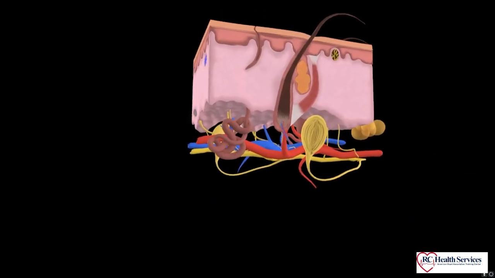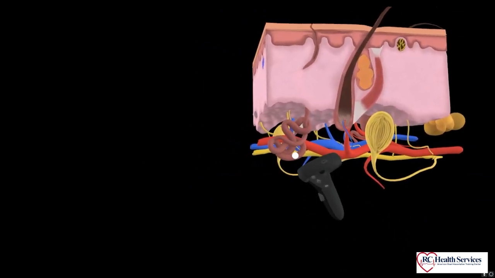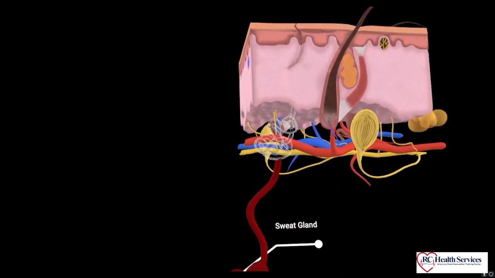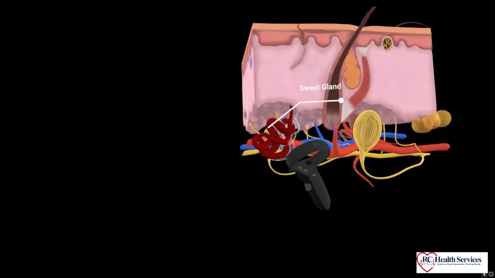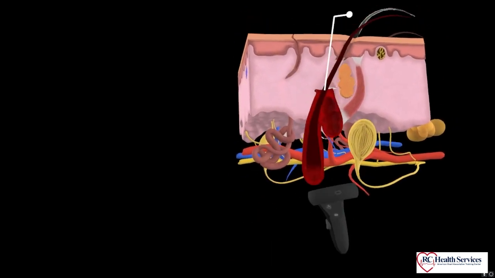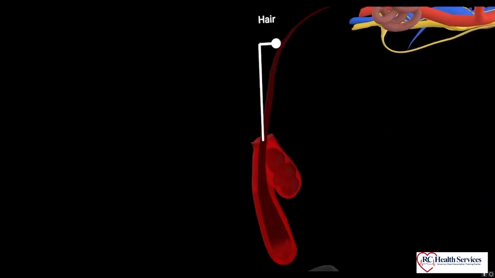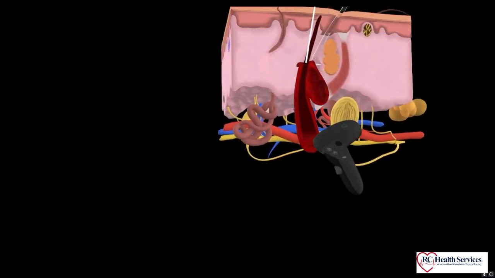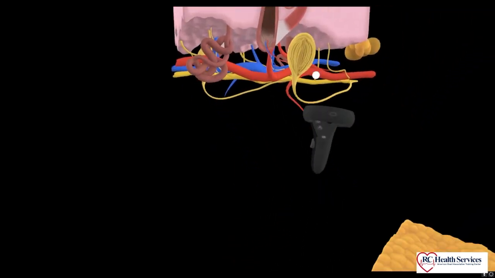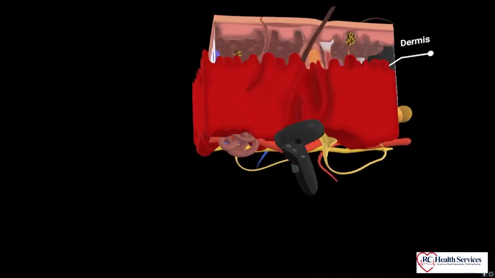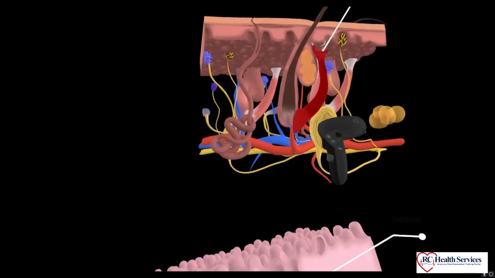So if you look right there, that little scrunched up curly Q thing, that is a sweat gland. Our skin uses those to help regulate our temperature. We also have a hair follicle, and then we have erector pili muscles right in there.